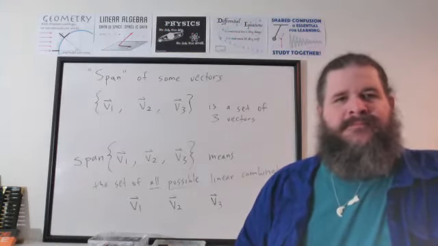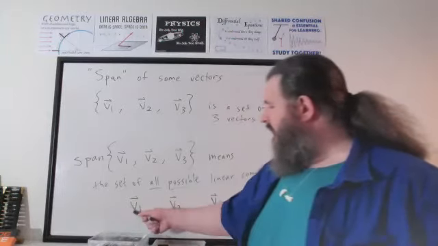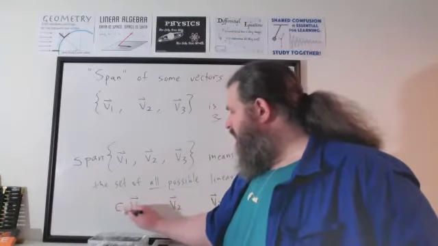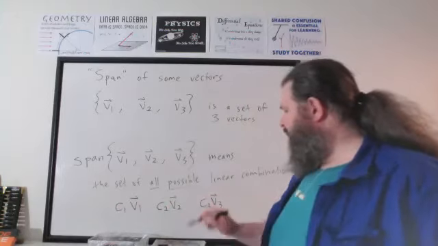Is it multiplying it? Yeah, you can multiply it specifically by a scalar. So let's say we take each one of these vectors and multiply by a scalar. Let's say we call this C1, C2, and C3.